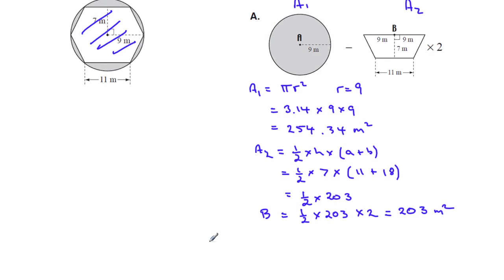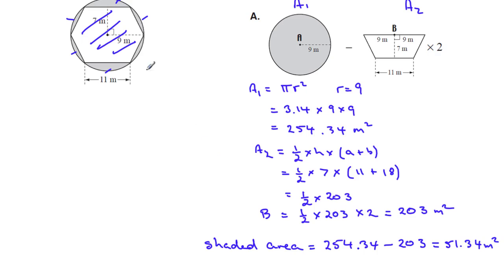So to find the shaded area of the shape, the shaded area of what's remaining, that's these little bits here, we just have to take the area of our circle, which is 254.34, and we need to subtract from it 203 meters, that's the area of our hexagon, and we get a final value of 51.34 square meters as our answer for that shaded portion.